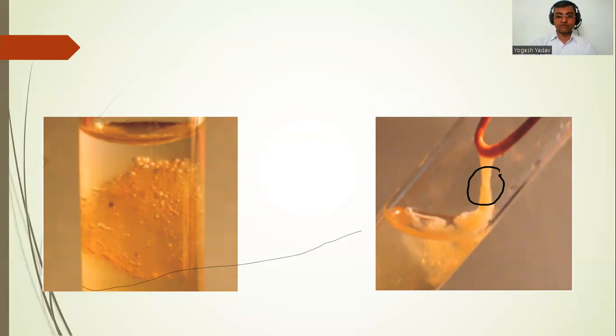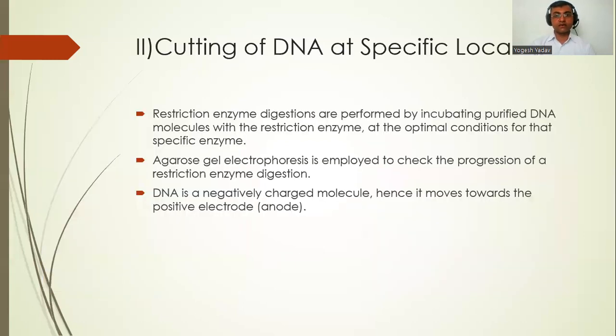Now move to the next thing, and that is the cutting of DNA at specific locations. We know that all the DNA may or may not be of our use. Just suppose this is a big strand of DNA that may have 2 or 3 genes.